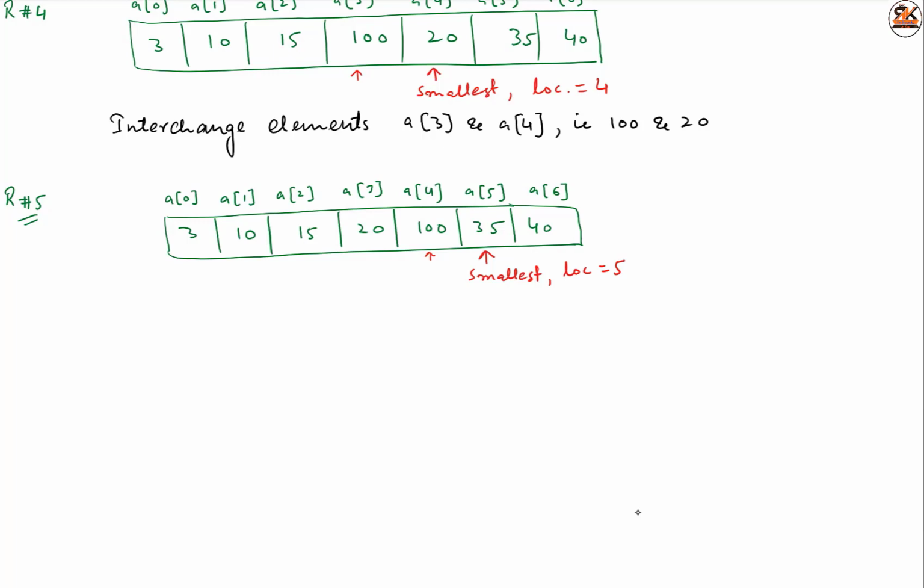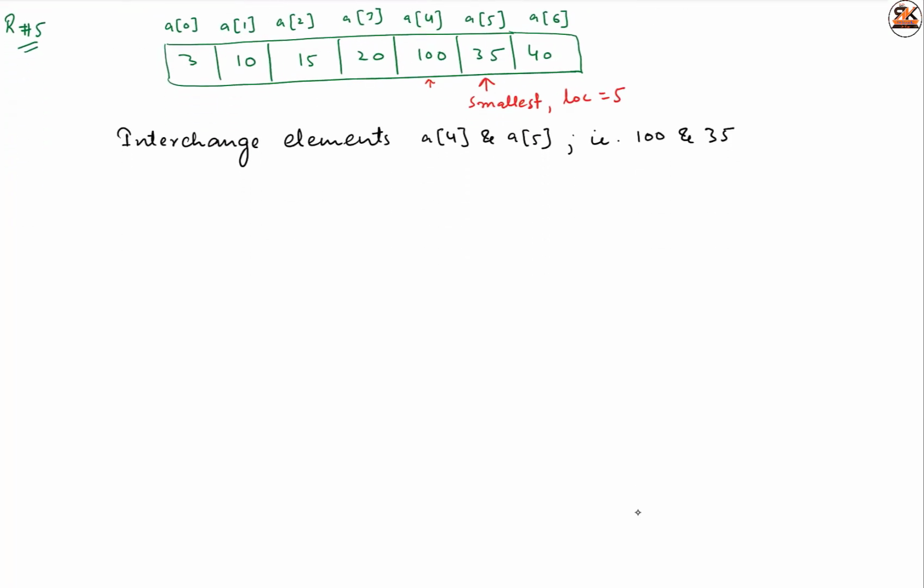So what I have to do here is interchange elements a4 and a5, that is we are interchanging elements 100 and 35, and after interchanging we will get a new list that is represented in round number 6.